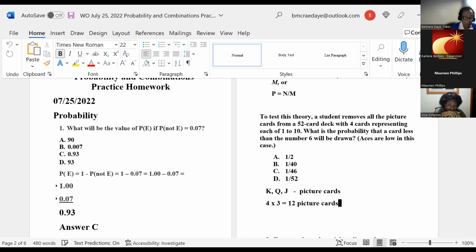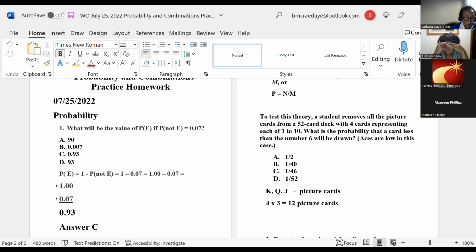Right? So if you take 12 picture cards out of a 52 card deck, how many cards do you have left, Alba? Okay, 12 from 52.